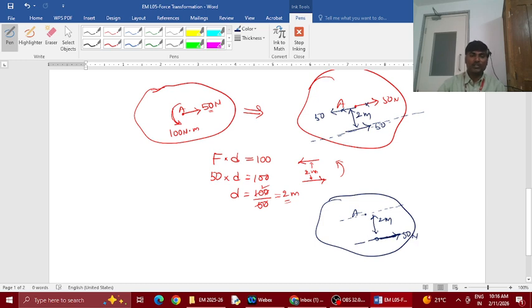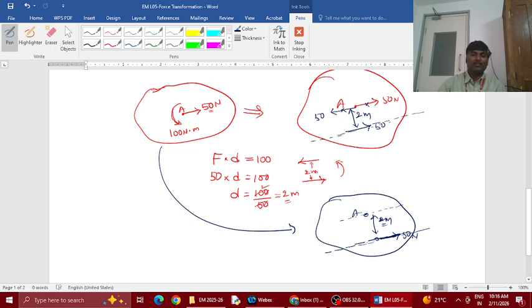This is how you have converted a given force couple into a force. It is below the 50 and at 2 meters from point A. The point of action can be anywhere along this line, so you can't decide which point it is. You can say the distance, it is at 2 meters.